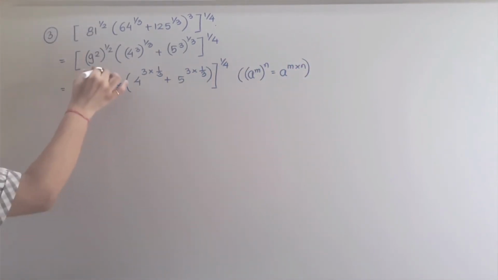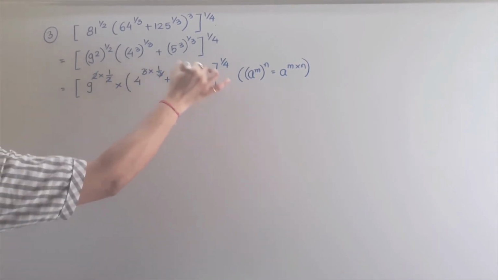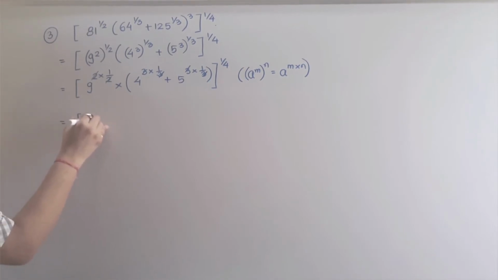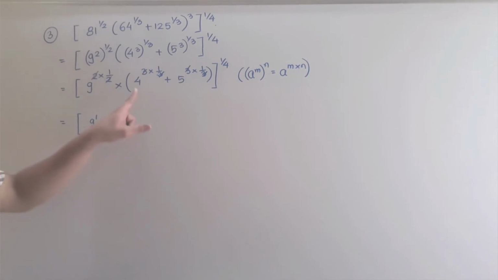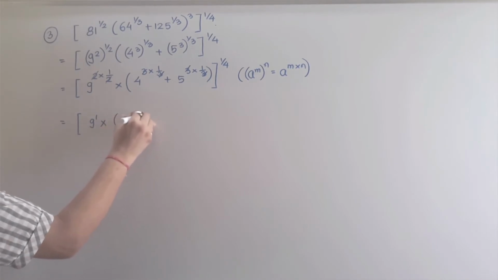Now here 2 and 2 got cancelled, 3 and 3 got cancelled, again 3 and 3 got cancelled. So now remaining is here 9 to the power 1 into, now here you observe 4 and plus 5 is only remaining. So remaining is here 4 plus 5.